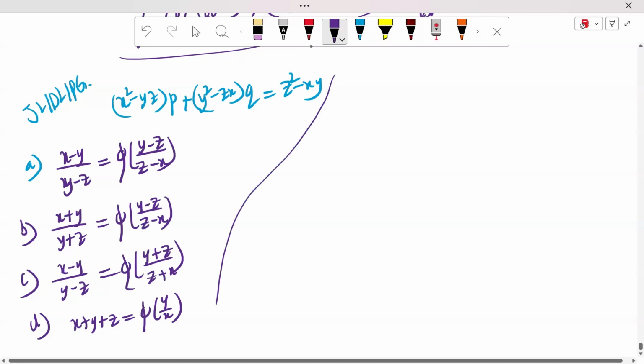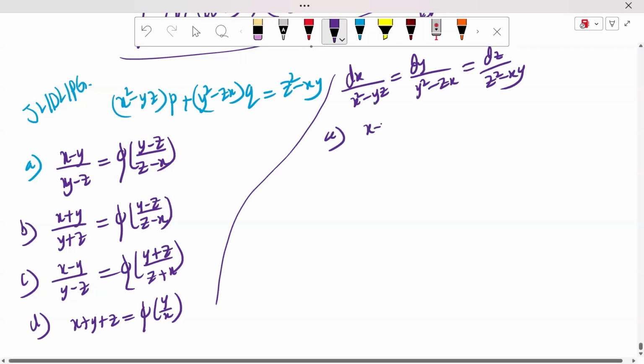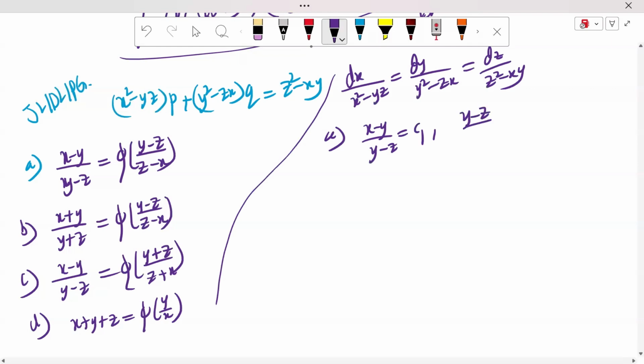Another form of this question is written as dx by (x square minus yz), dy by (y square minus zx), and dz by (z square minus xy), where the options are: option A, x minus y minus z is equal to c1, and (y minus z) by (z minus x) is c2.